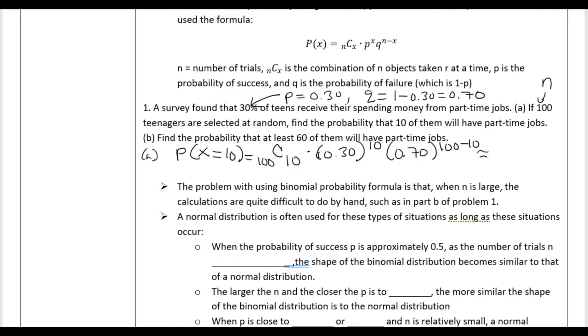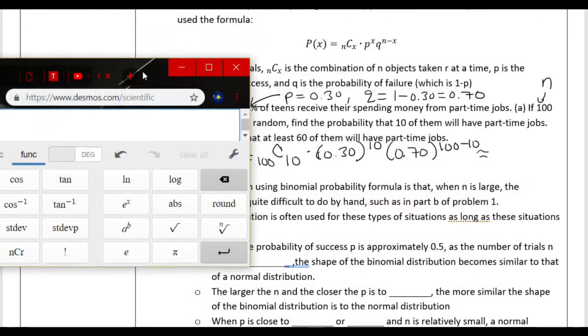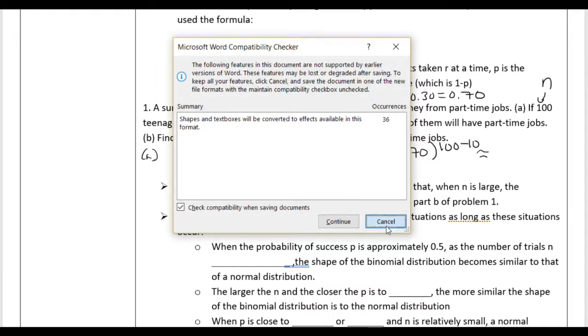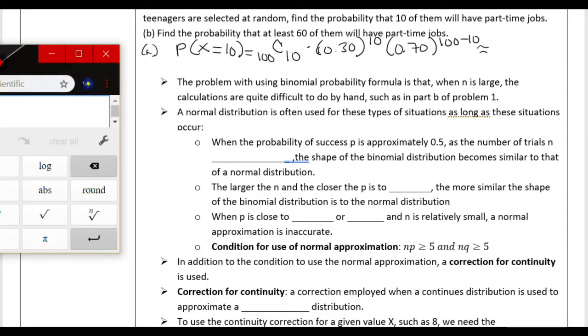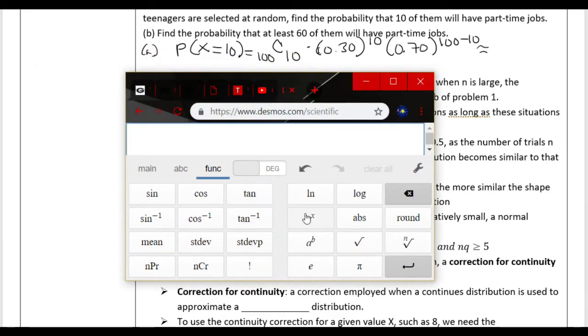I'll do that on Desmos real quick. Let's give ourselves some room. Okay, so we're going to do the combination, multiply by that raised to the 10th, and then that raised to the 90.